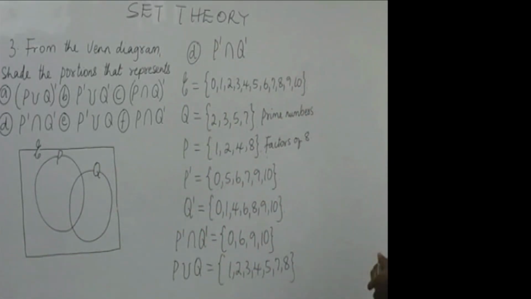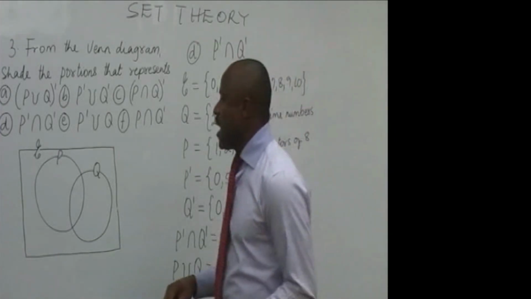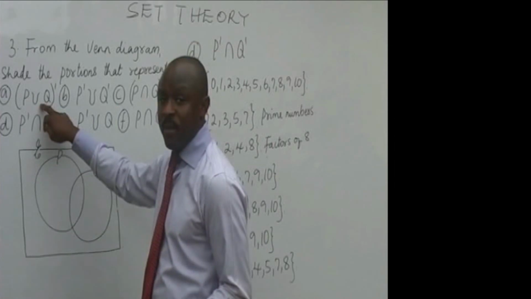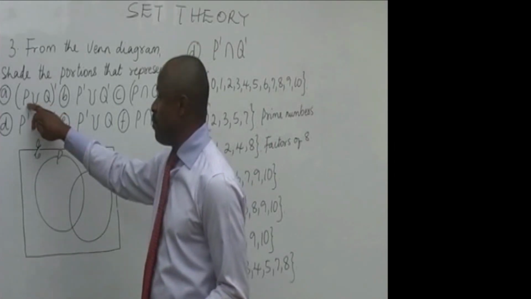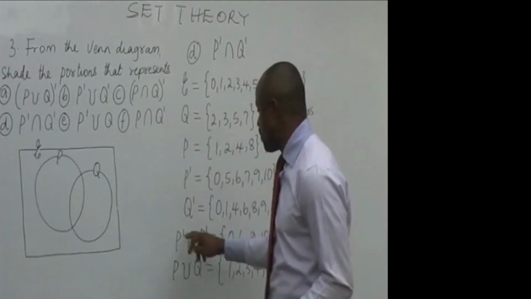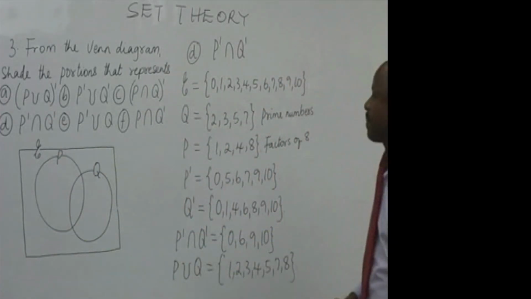If we do so, you discover that we will be shading the same thing as when we shaded question number A. That means P union Q prime is the same thing as P prime intersection Q prime.